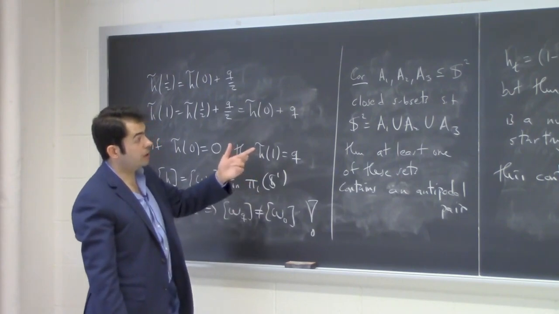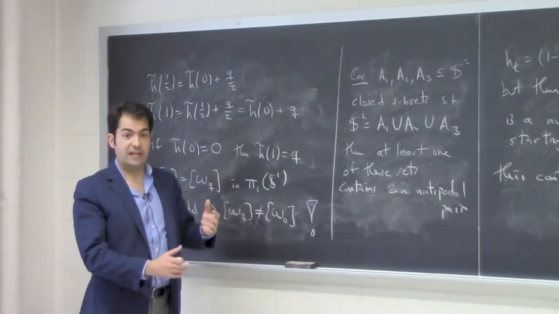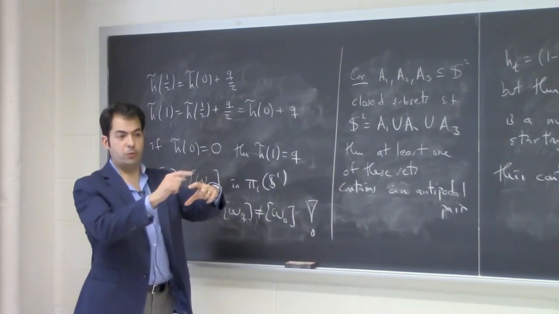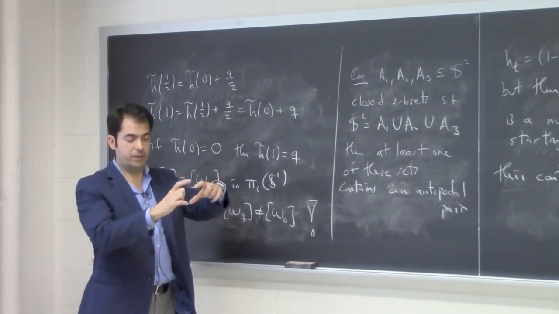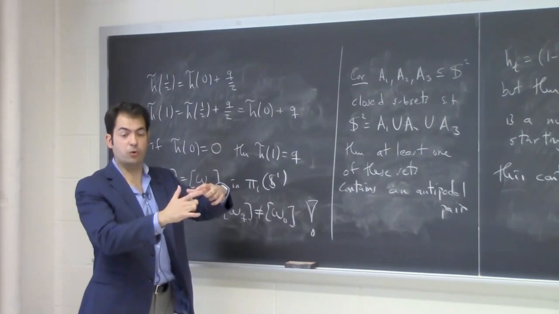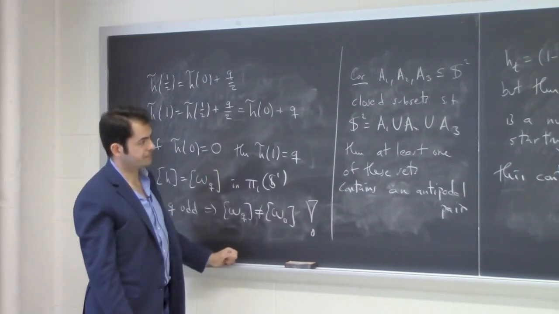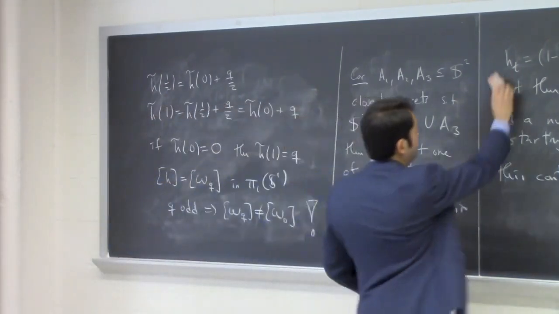And you can see that you need closed, because if you were to allow half closed, then you could just have one of the points be on one interval, and the antipodal point being on the other one. So we do need closed.